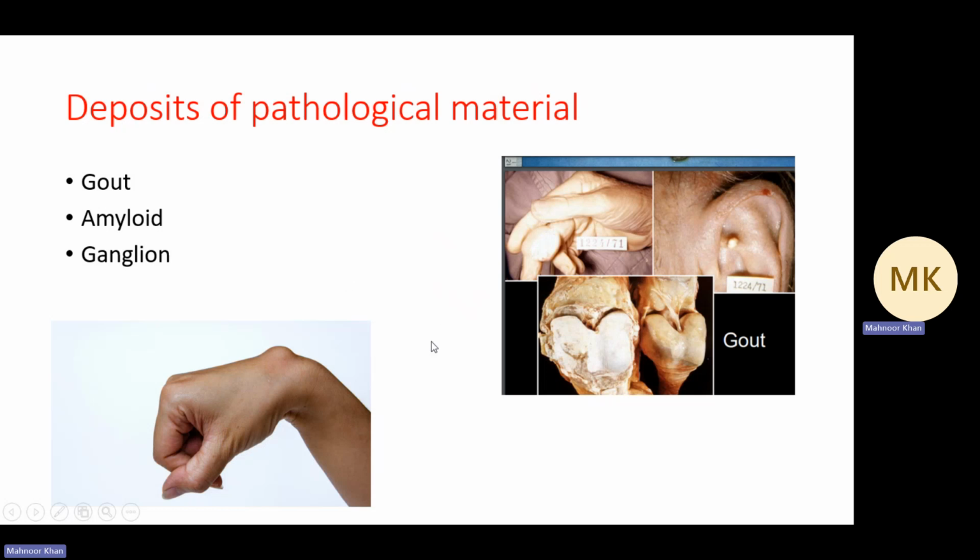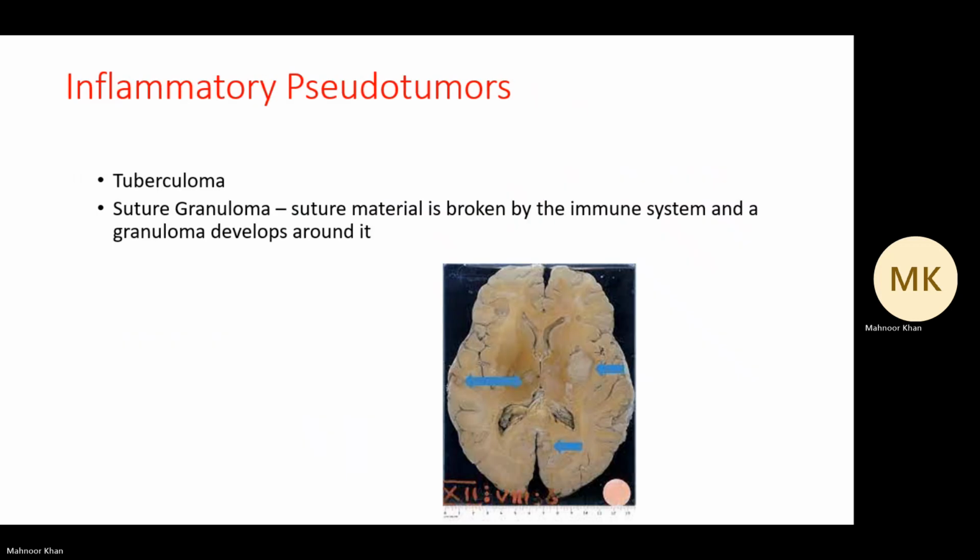Okay, the third type of pseudotumors are inflammatory pseudotumors. Most commonly here we talk about tuberculoma due to tuberculosis, for example in the brain, as you can see here, or suture granuloma, which is due to suture material being broken down by the immune system, and the granuloma develops around it.